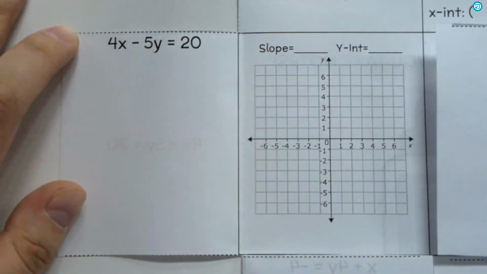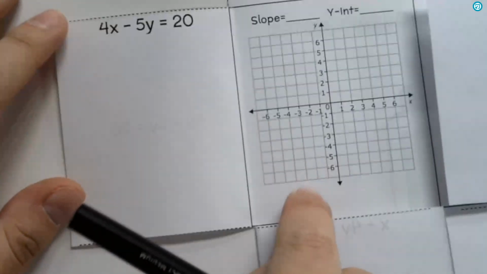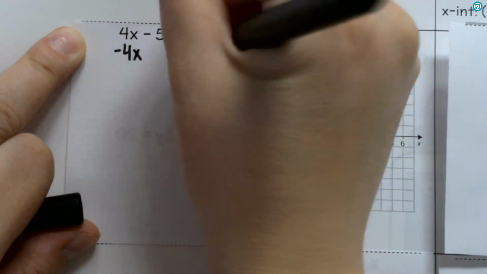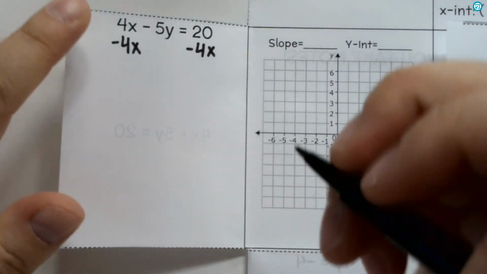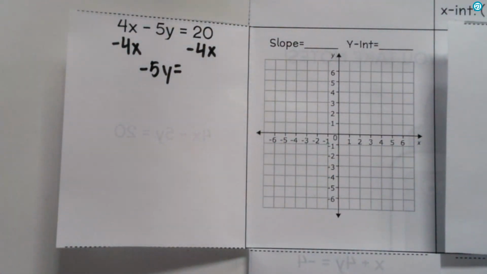We are trying to get y by itself. So the first thing that we need to do to get y by itself is get rid of that 4x. So we still just use opposite operations. We are going to subtract 4x from both sides. On the left side of my equation, I have a negative 5y. And then on the right side of my equation, I have 20 minus 4x.